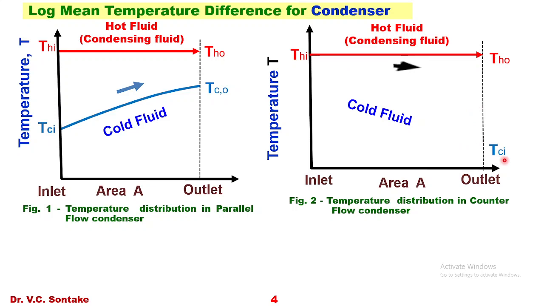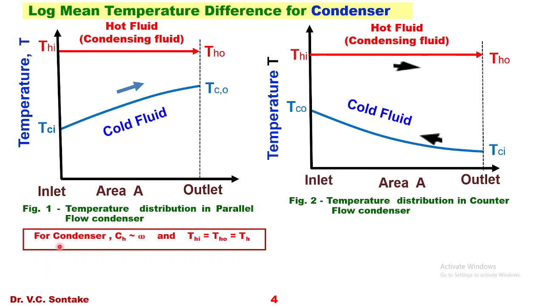Cold fluid enters from the right hand side and it receives heat from the hot fluid, and as a result of this heat, its temperature increases from Tci to Tco. So this way, the temperatures of hot and cold fluid changes in a condenser if parallel flow arrangement is employed and counter flow arrangement is employed.